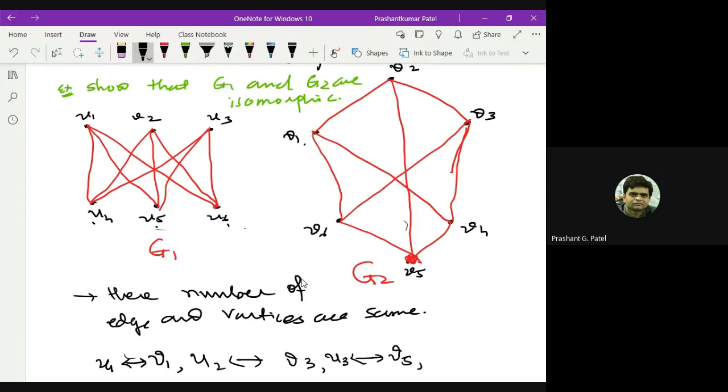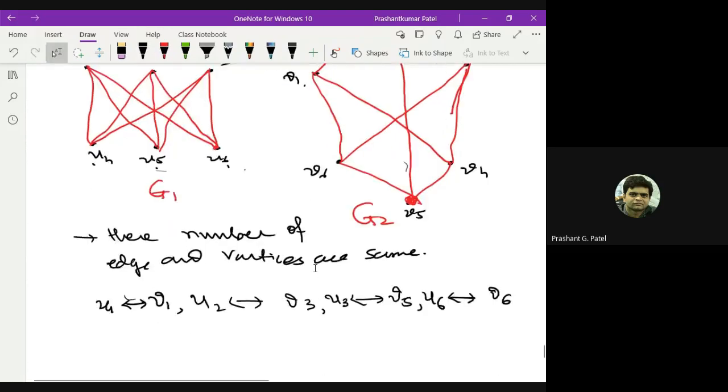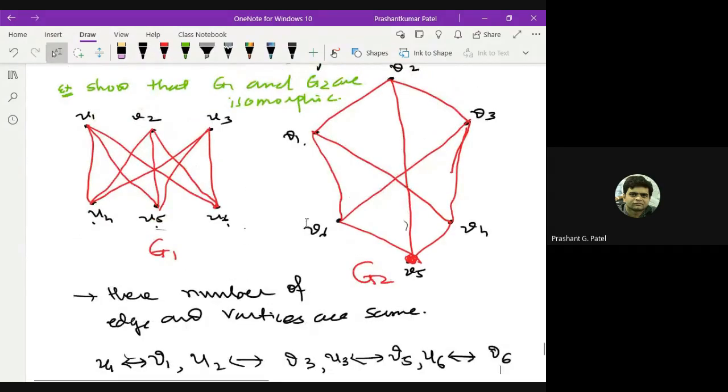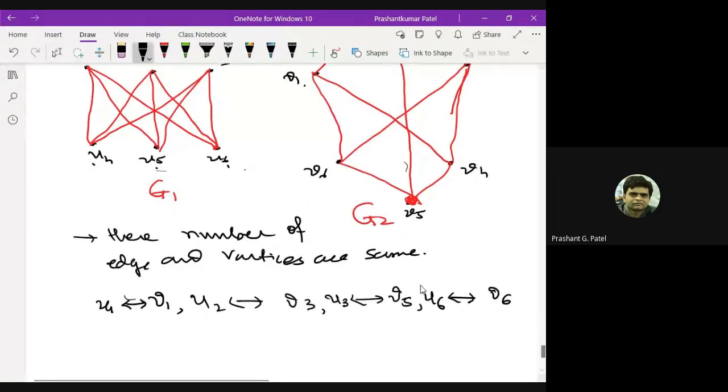So what you have is U6 corresponds with V6, and U5 is left. Or you can also have the correspondence instead of this. If you want, you can just write down U5 corresponds with V6. Any one of the pair you can put here.